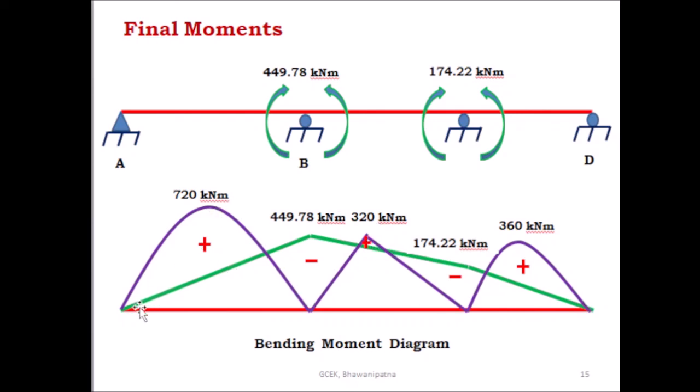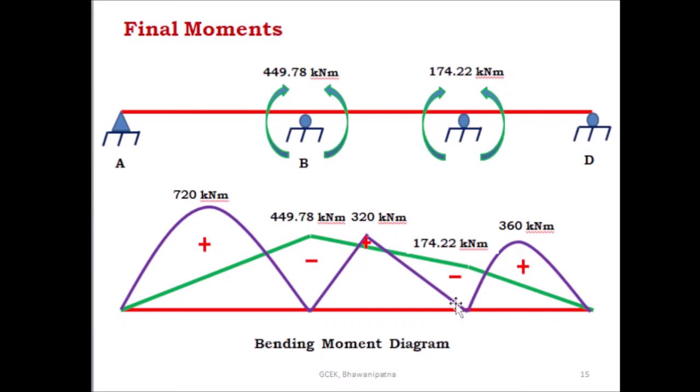Then after cancelling the positive and negative portions, this is the final bending moment diagram. This is positive, this is negative, this is positive, this is negative, and this is positive. So this is the final bending moment diagram of the 3-span continuous beam. After getting the redundants, you can give the direction of the moment.